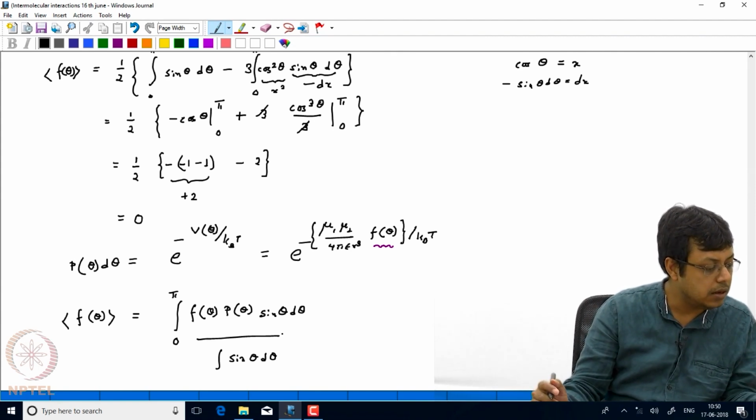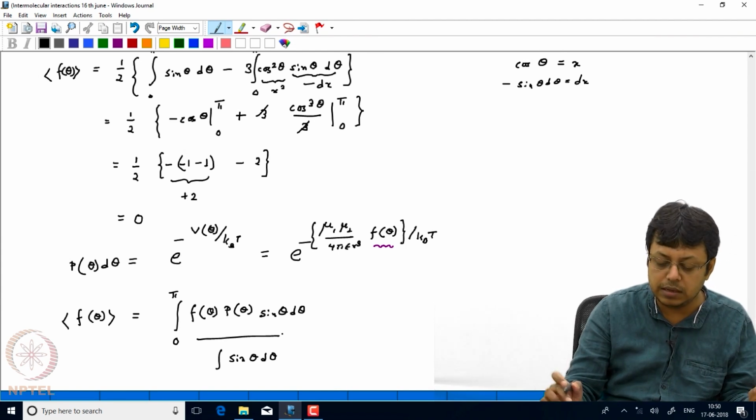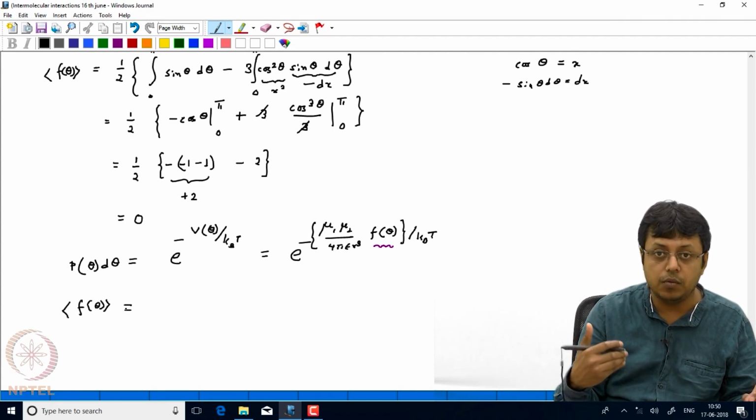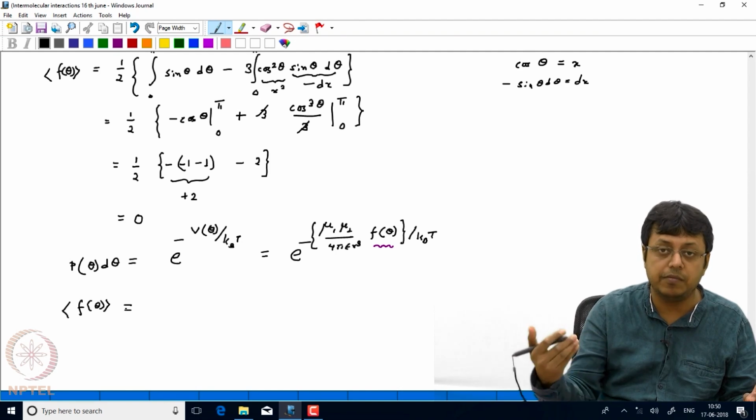Now in this case I am doing a probability integration. If the dipoles actually interact with each other, the average value of this orientation will now have a preferred orientation.